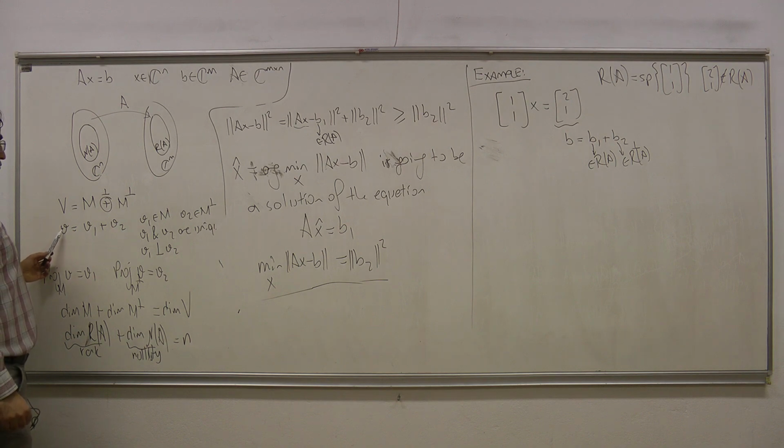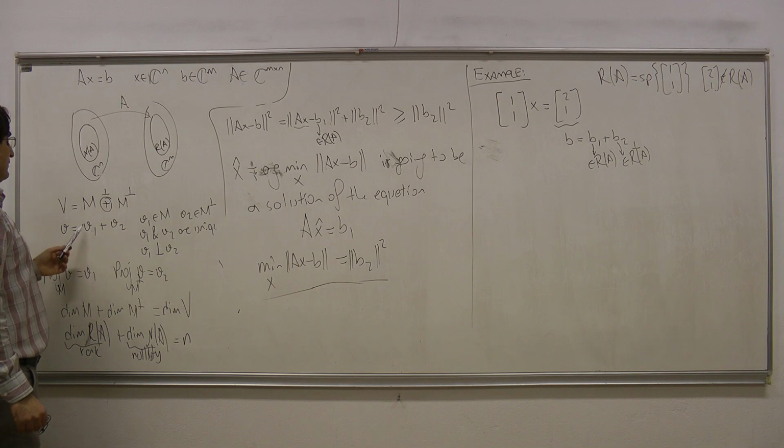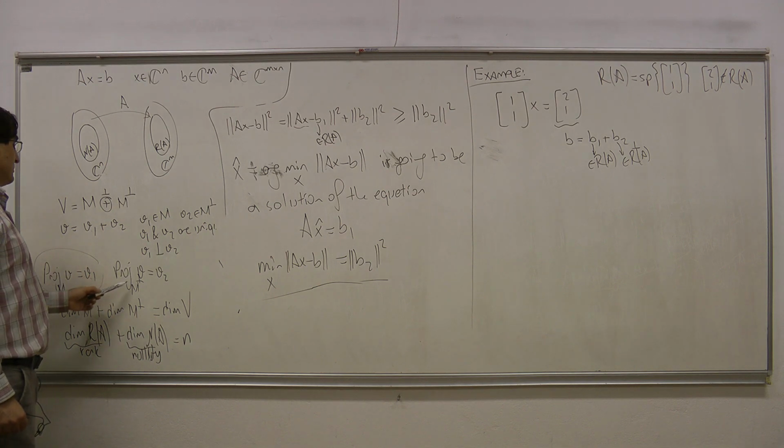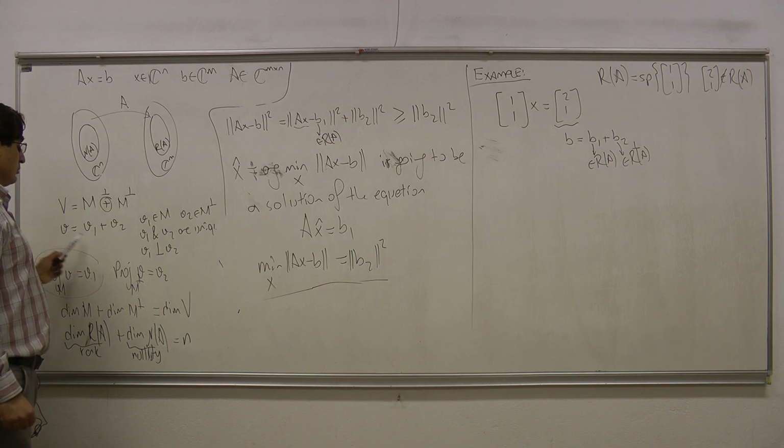When I decompose V as the sum of V1 and V2, where V1 is in M and V2 is in M orthogonal complement, V1 is nothing but the projection of V onto M, and V2 is the projection of V onto M orthogonal complement.